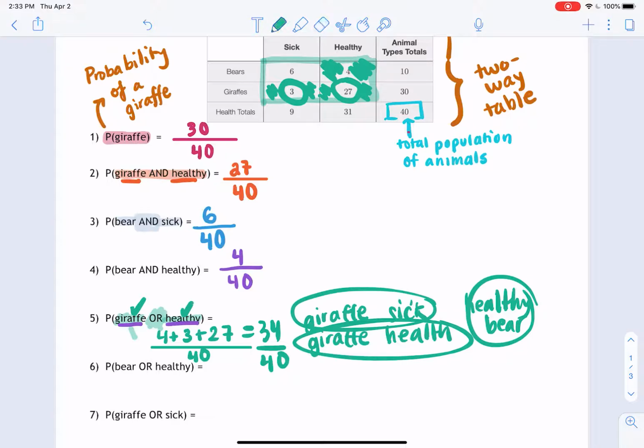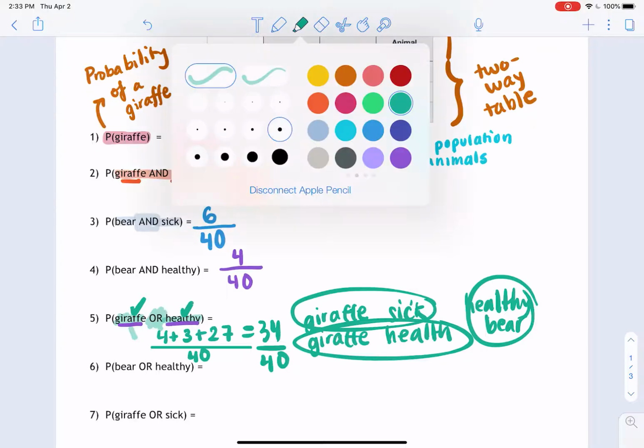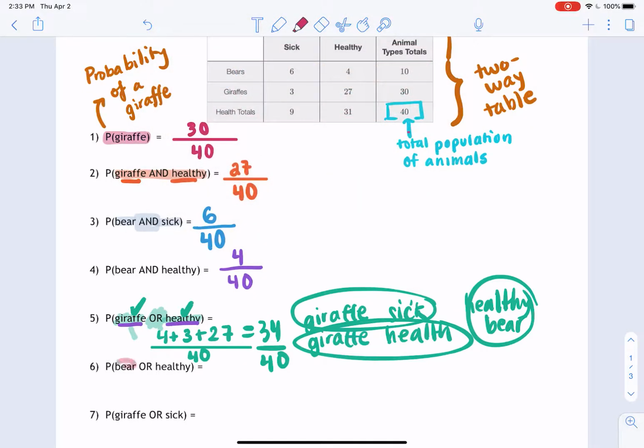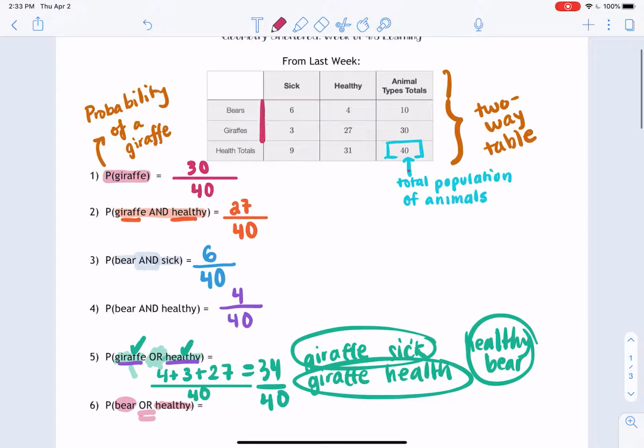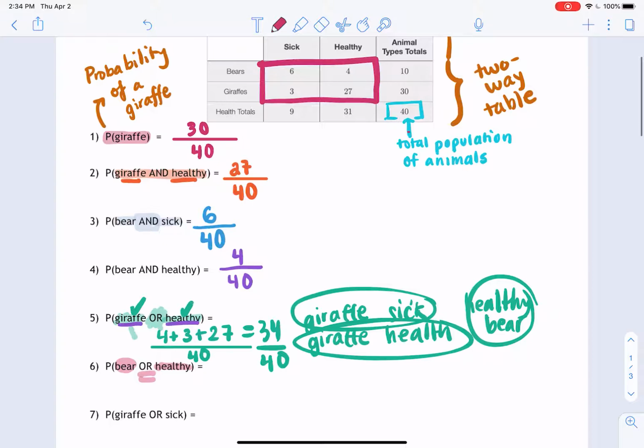Okay, we're going to do this again with a new question. Bear, or that's the key word, healthy. So when we're looking at our two-way table, we need to look at what in these 4 boxes here. We want bear sick, that fits the bear category. Bear healthy, that fits both.